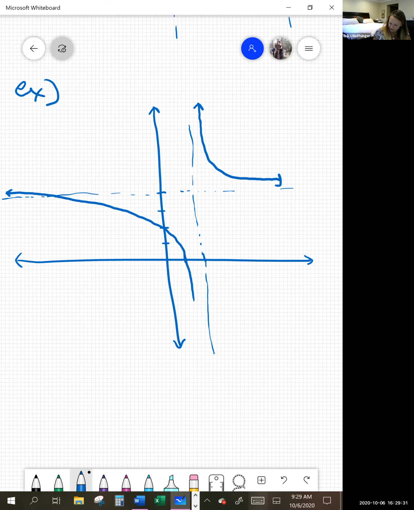Let me change that picture then. I'm going to make it so it's not crossing the horizontal.